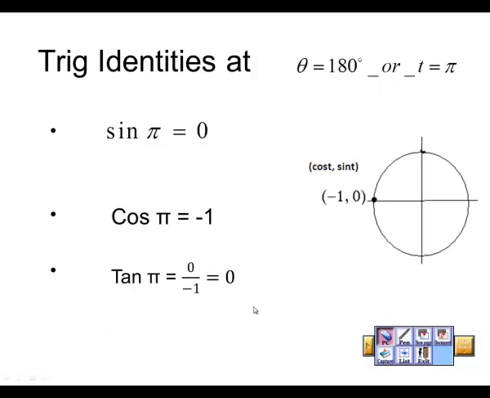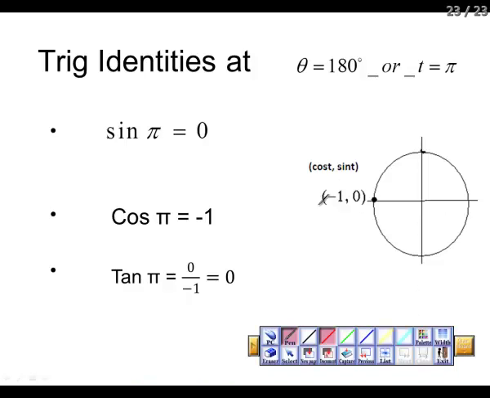For theta equal to 180 degrees, we know that is pi radians. So t equals pi and theta equals 180 degrees. We know that this point right here is x is negative 1, y is 0.